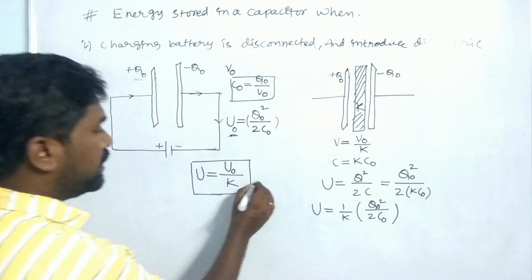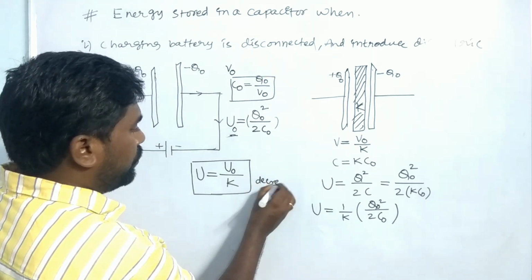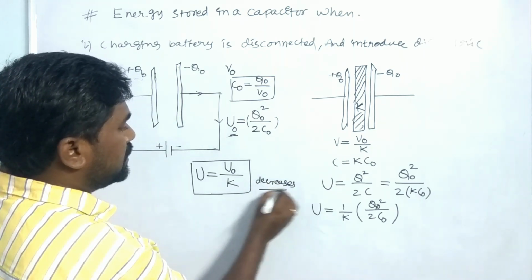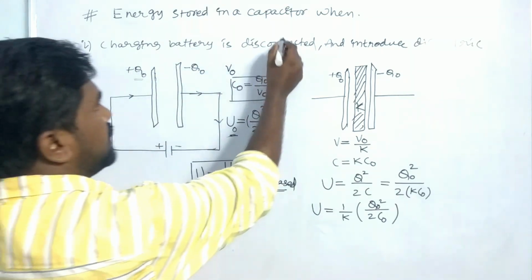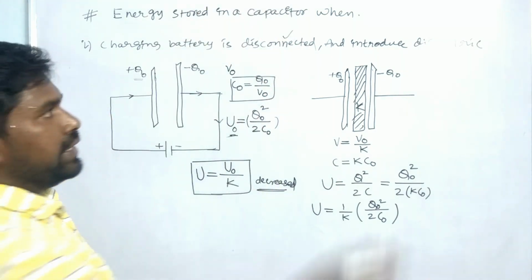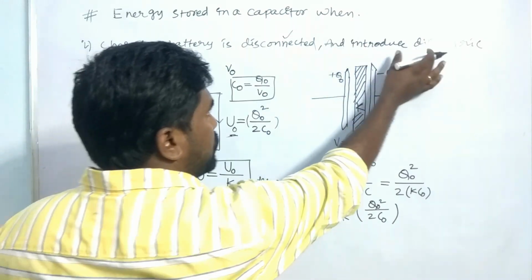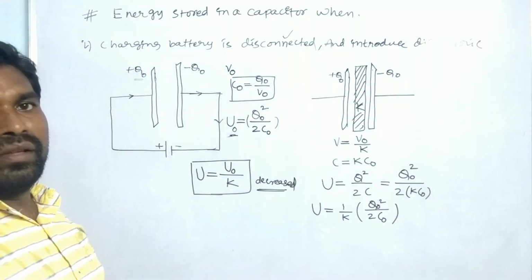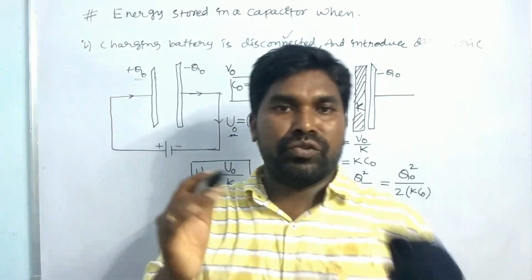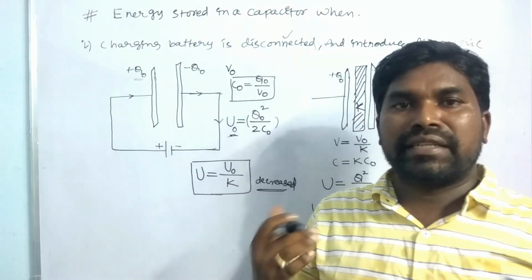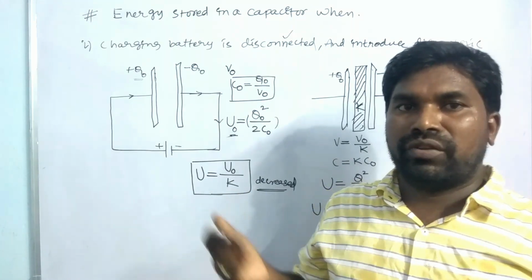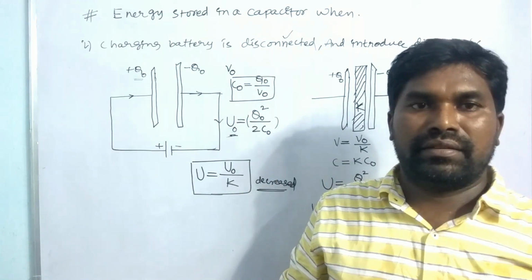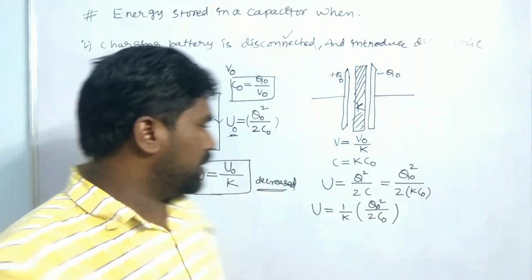The energy decreased because the charging battery is disconnected and the dielectric is introduced. When you introduce the dielectric between the two plates of a capacitor and the charging battery is disconnected, the energy will decrease.